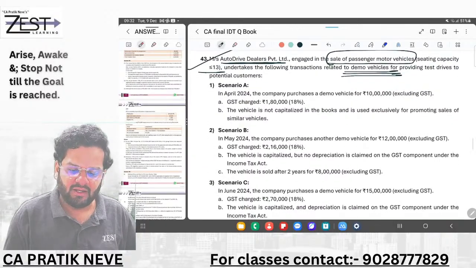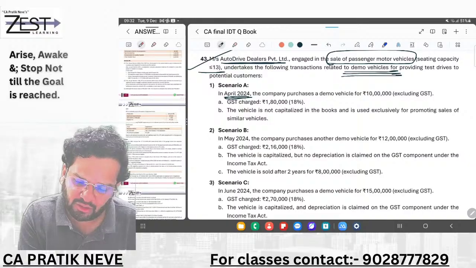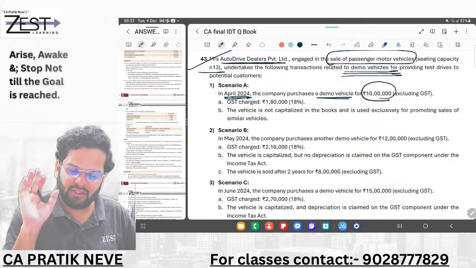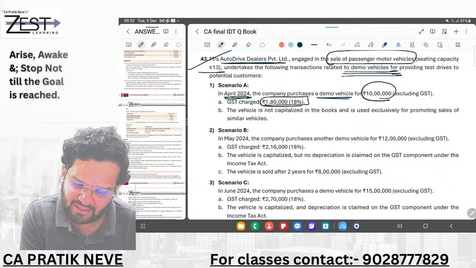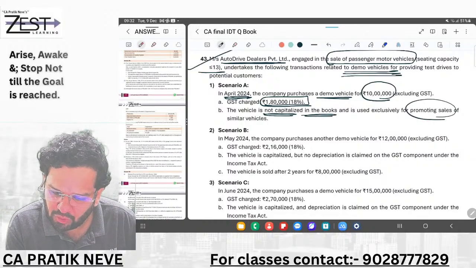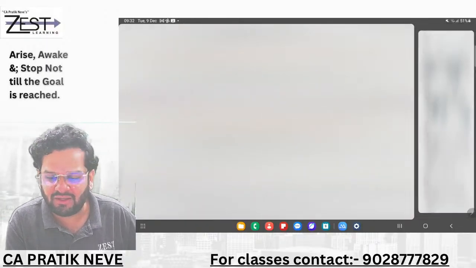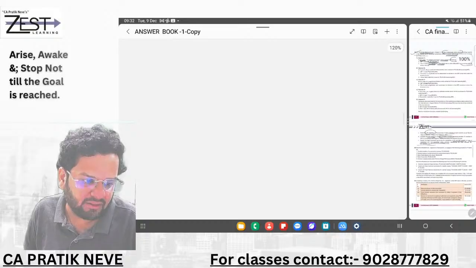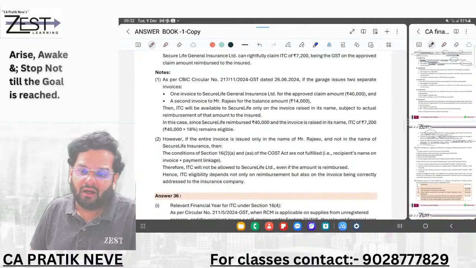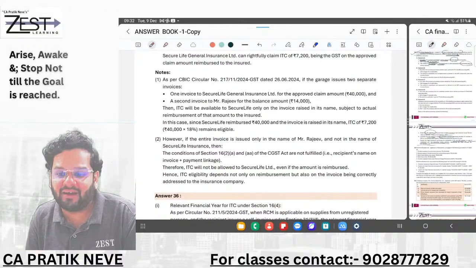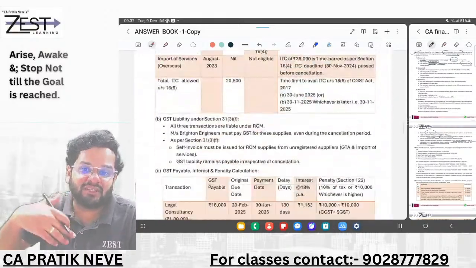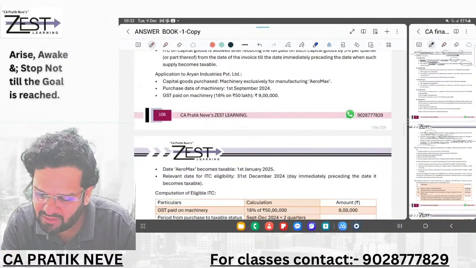Let's see Scenario A. In April 24, the company purchased a demo vehicle of 10 lakh excluding GST, on which GST is 1,80,000. The vehicle is not capitalized in the books and is used exclusively for promoting sales of similar vehicles. All of you know that if motor cars with sitting capacity not exceeding 13 including driver are purchased, usually you don't get ITC. But if it is used in further supply of such vehicles, then ITC is available.